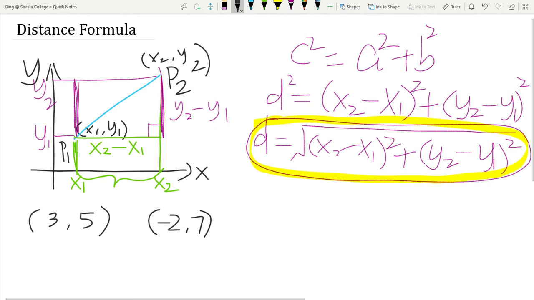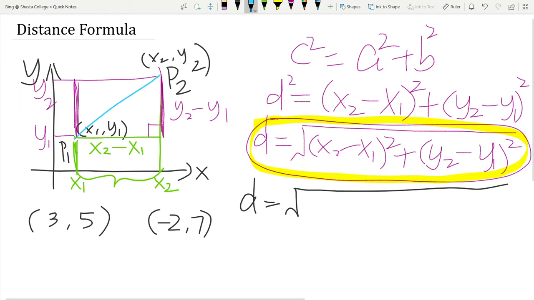Okay, I'm going to use the distance formula, which is the distance equals square root of, well, here we have to use x1, y1, x2, y2. How do we know which one is x1, which one is x2? Well, let's assign them. You can assign either one as x1, y1.